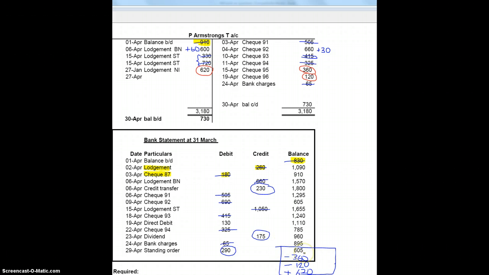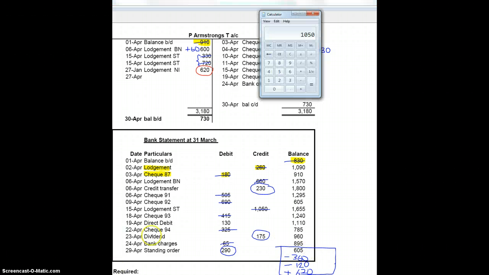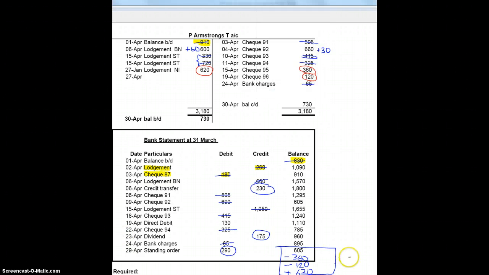And that's our new bank statement, and if we add that up we should get a new balance for the bank. 605 minus 360 minus 120 plus 620 gives us 745, and so that's our new adjusted bank statement balance, and hopefully when we adjust the T account we should get 745 as well.